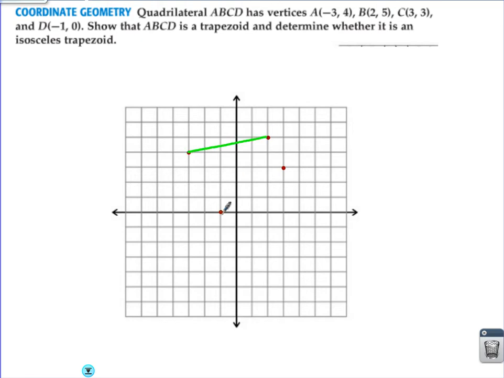Is it going to be these sides? No, those are not parallel. Does everybody understand that? So let's test our red sides. Let me do a different color here. Let's test our red sides. Dylan C, what formula am I going to use to test for parallel? Distance, slope, or midpoint?